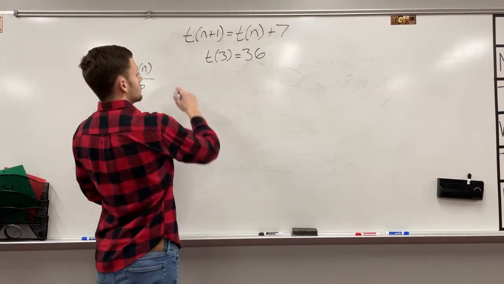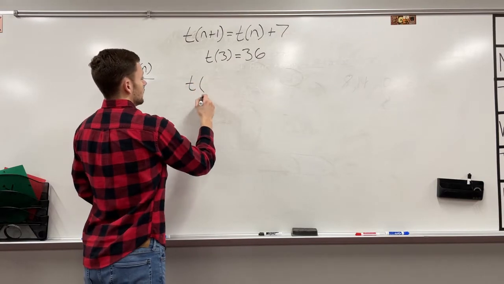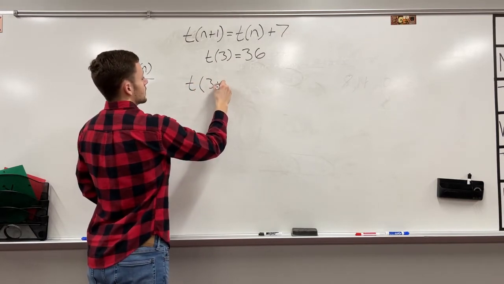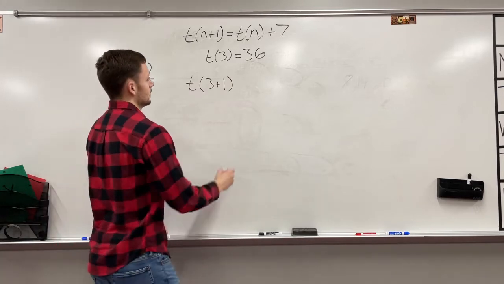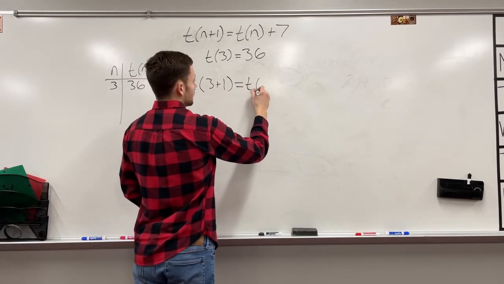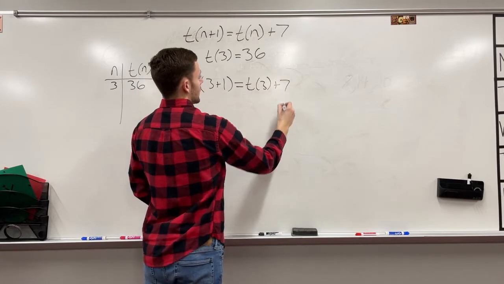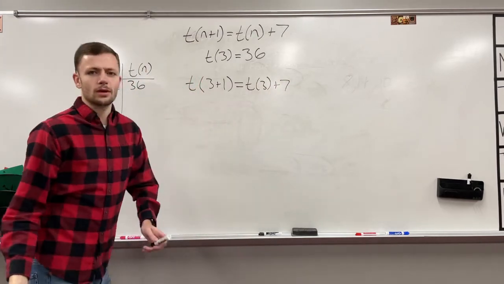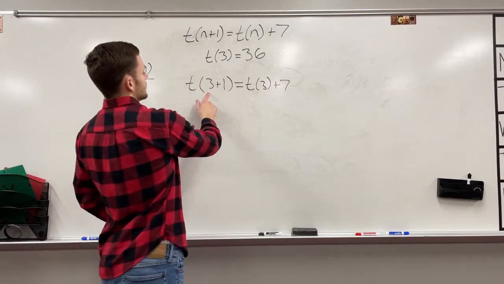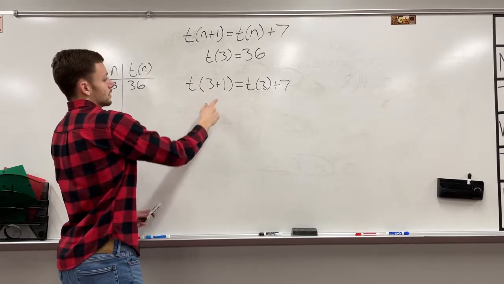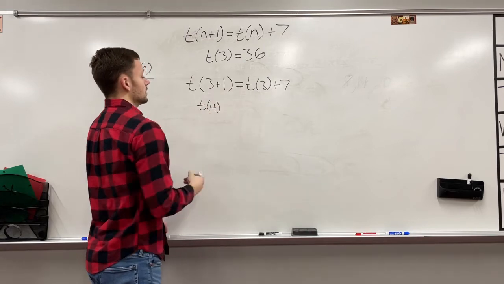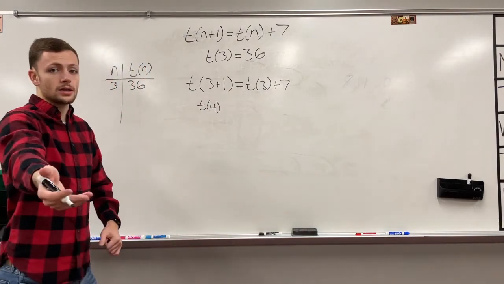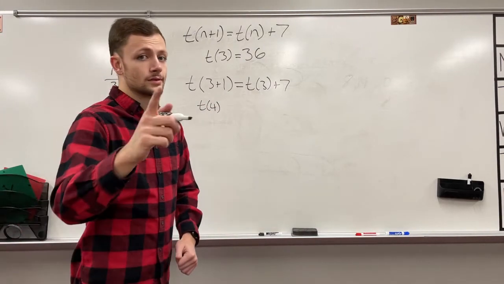So if n is 3, then t of 3 plus 1, because I'm plugging 3 in for n, equals t of 3 plus 7. Now, Mr. Hill, what am I going to do with that t of 3? Well, obviously, t of n plus 1, or t of 3 plus 1 is just t of 4. You can just simplify that. So t of 4, because if n is 3, n plus 1 is 4.